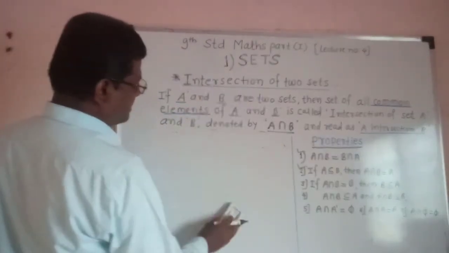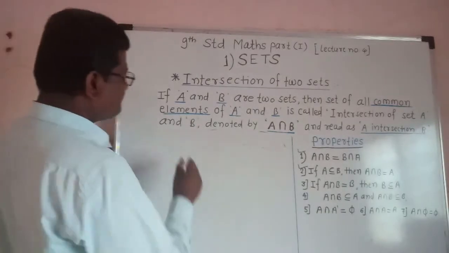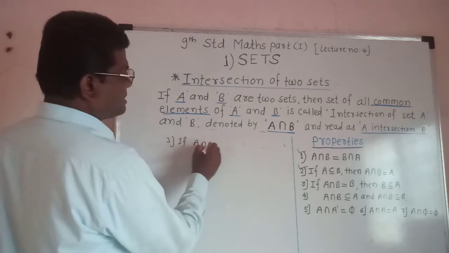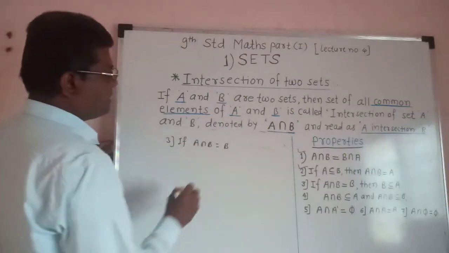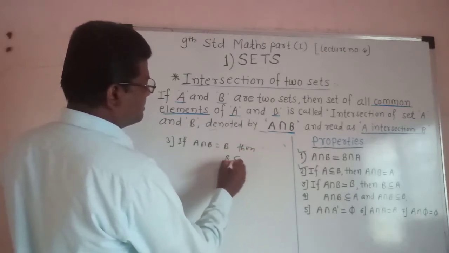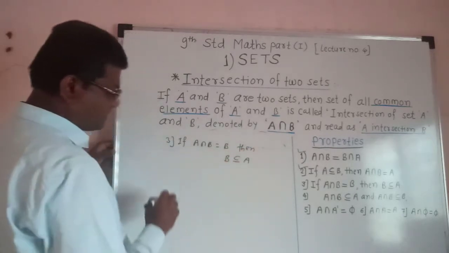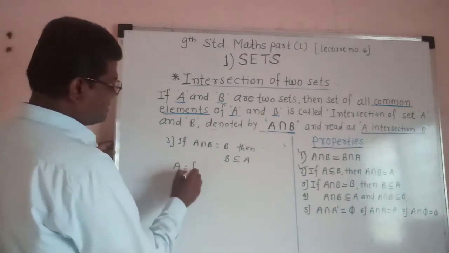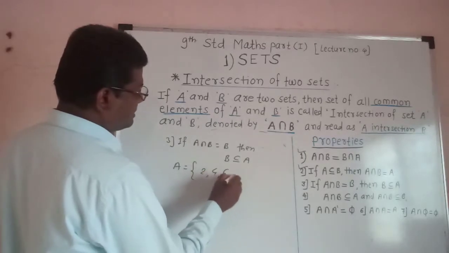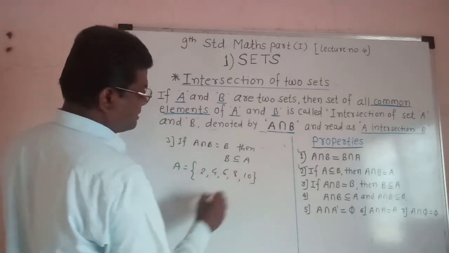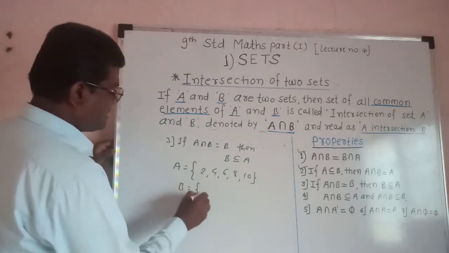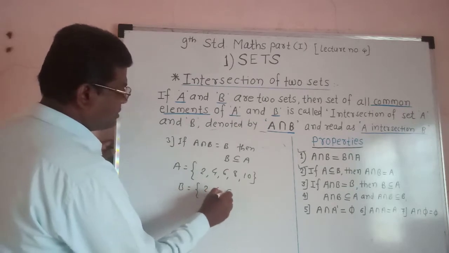Now let us see property number 3. If A intersection B is equal to B, then B is a subset of A. For this purpose, we take a set A is equal to 2, 4, 6, 8, 10. This is a set, and we take another set B as 2, 4, 6.